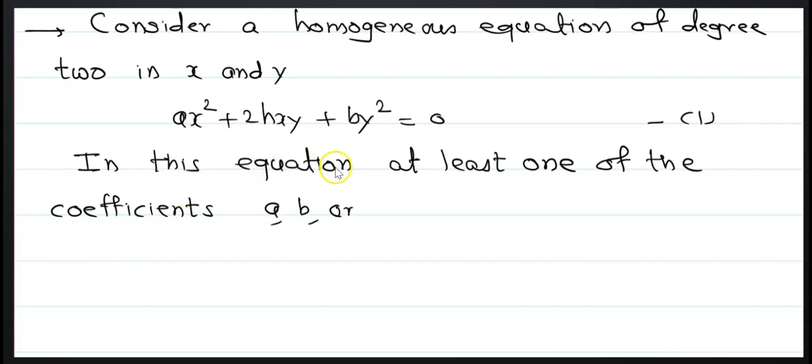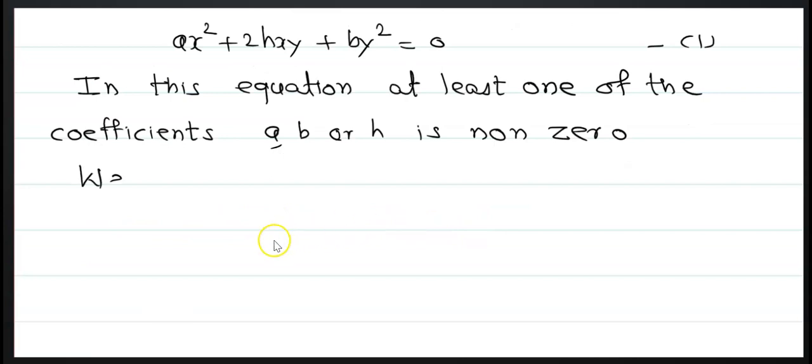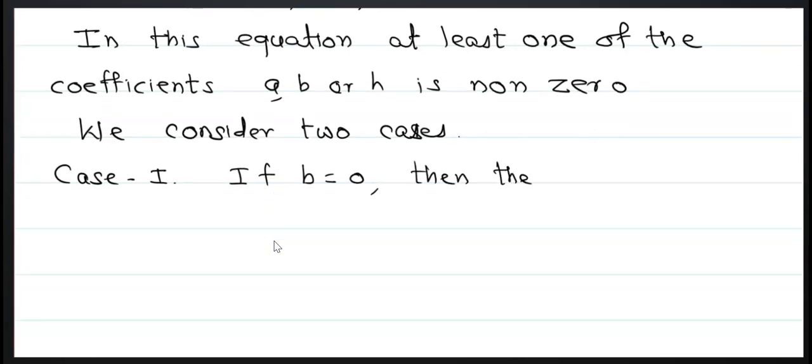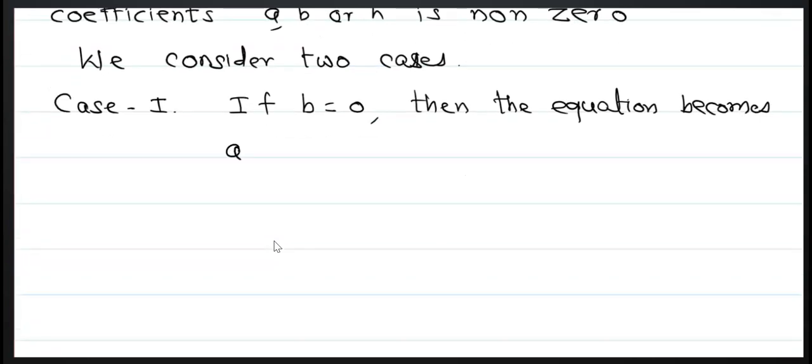In this equation, at least one of the coefficients a, b or h is non-zero. We consider two cases here. If b is equal to 0, then the equation becomes ax square plus 2hxy is equal to 0.